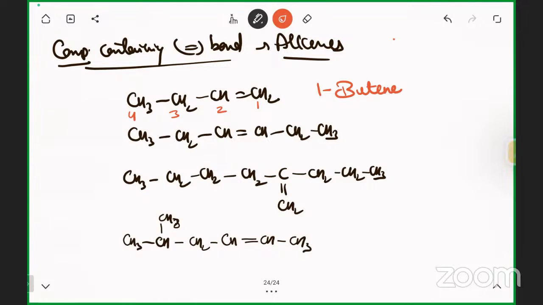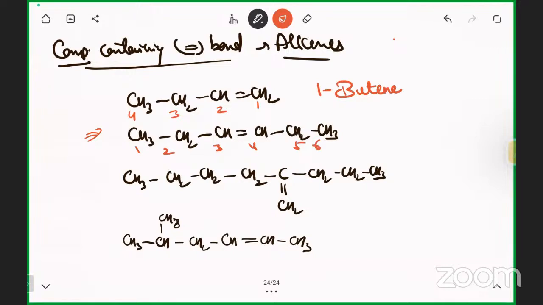Let's do another example. In this second example, from which side should I do the numbering? Left side or right side? Right side, sir. See, from both sides it is equal, so you can do from any of the sides. 1, 2, 3, 4, 5, 6.